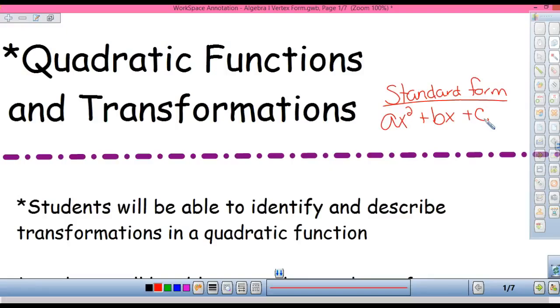Okay? If I were to attempt to find my vertex when it's in standard form, how would I find my x? Opposite of b over 2 times a, and then to find y, we'd have to plug it in, right?